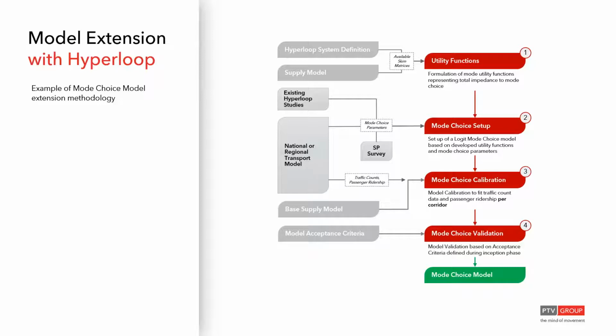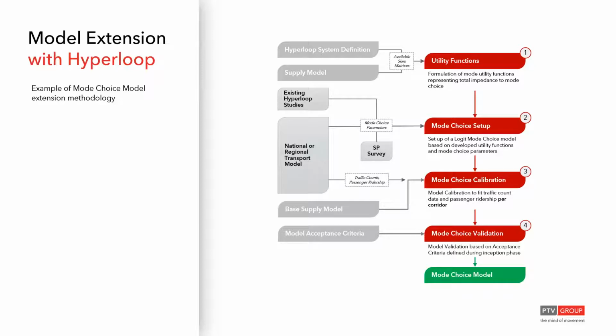Hyperloop can be modeled based on the existing national or regional transportation models. It requires a stated preference survey as well. However, in the studies that we did, we used benchmarking techniques. We didn't have a chance to perform an SP survey for the Hyperloop. However, benchmarking worked quite well.